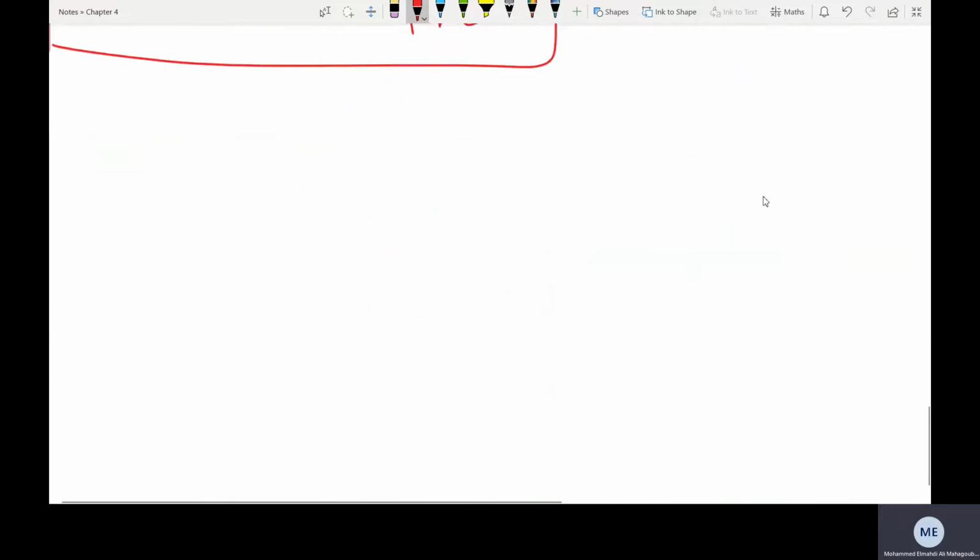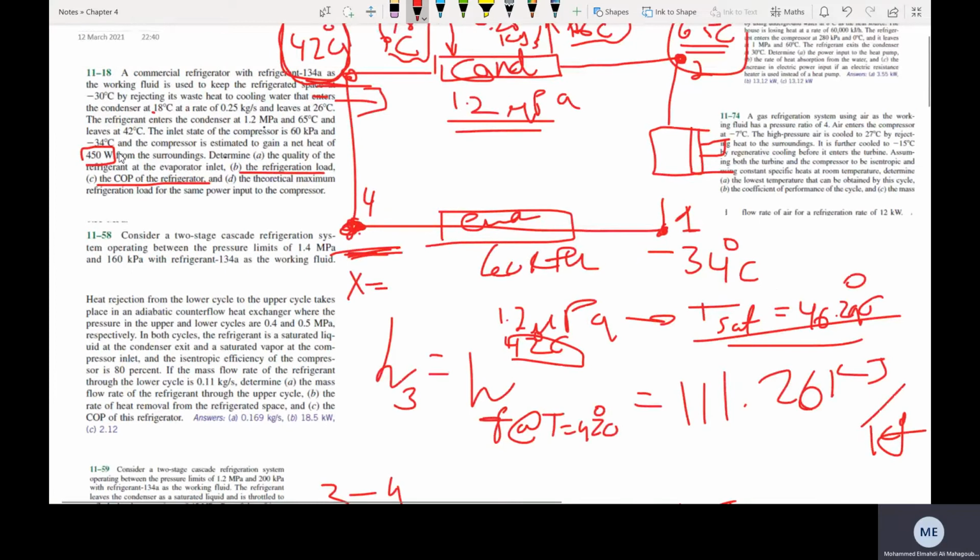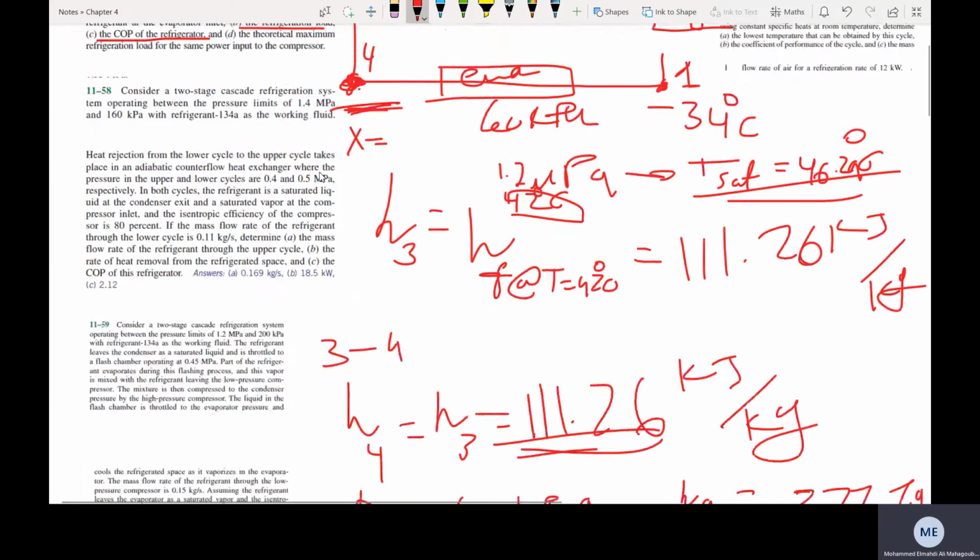You remember that the compressor is an open flow device. Here I have the inlet and here I have the outlet of the compressor, and there is a heat gain of 450 watts, the net heat gain to the compressor.